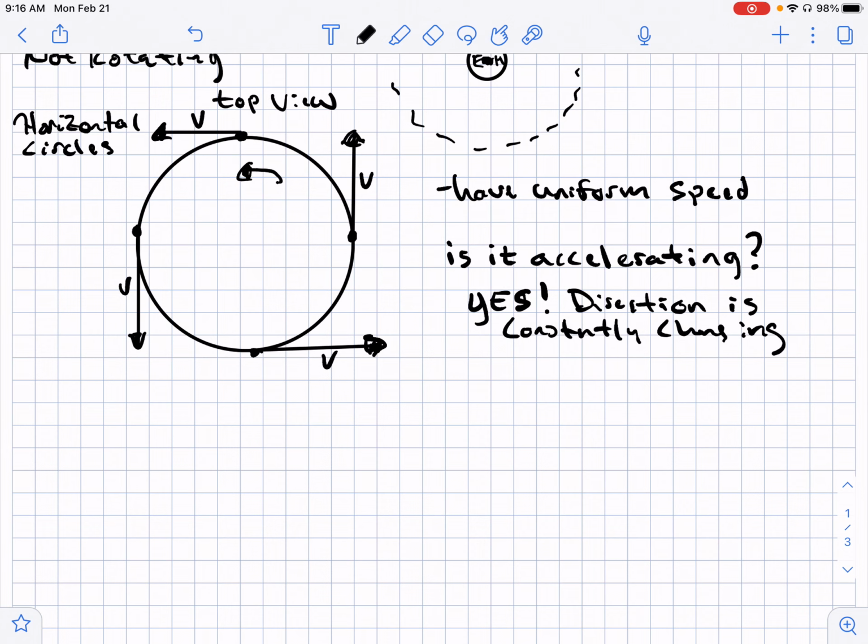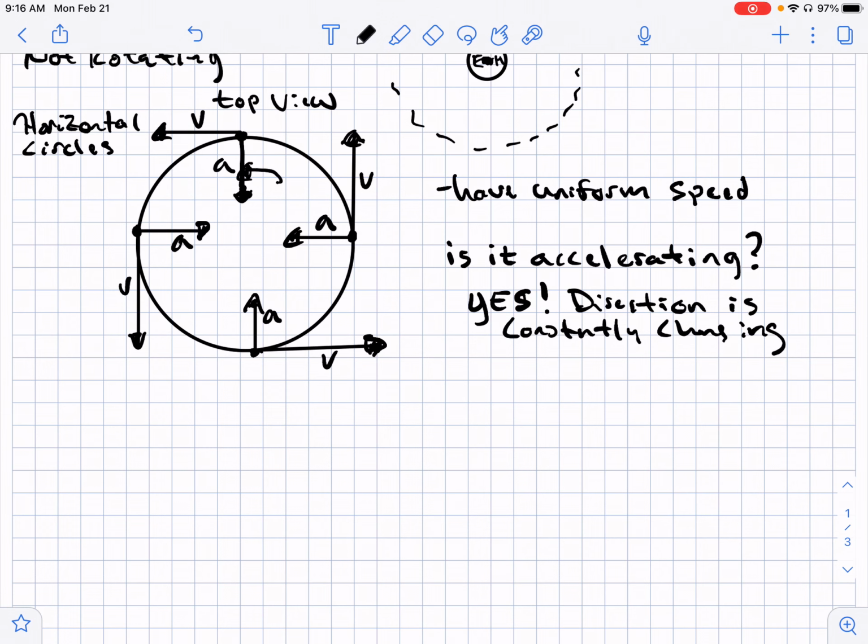If we want to draw our acceleration vectors, how it would look on this circle is that it would be pointed towards the center of the circle at all these spots. So this would be my acceleration, here would be my acceleration, here is my acceleration. Your acceleration is always pointed towards the center of your circle.